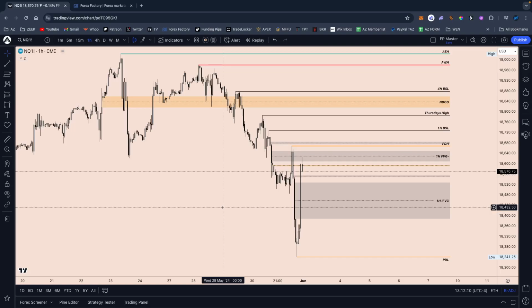I have one question, correct me if I'm wrong. Is it candle close above 1 hour fair value gap is bullish, or the price needs to take out sell side and then close? I know what you mean. Good question.